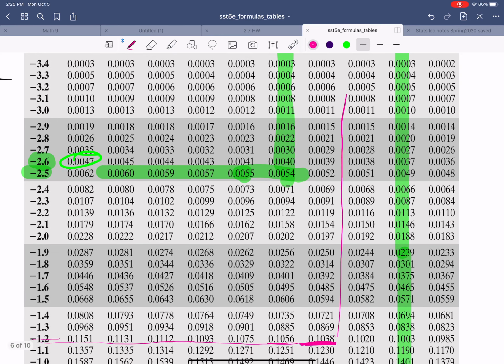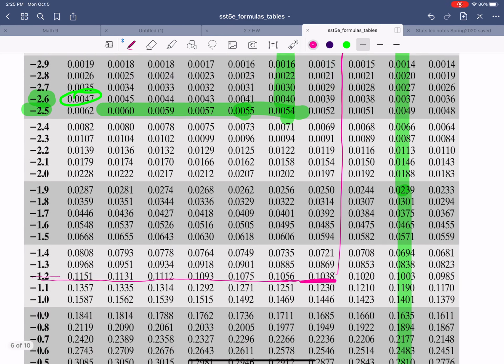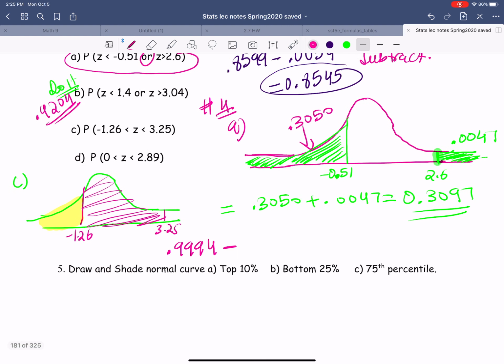If I subtract 0.9994 minus 0.1038, it turns out to be 0.8956. And that means there's 89.5% of the area in the middle of these two z-scores. A lot of area in the middle of these two z-scores.